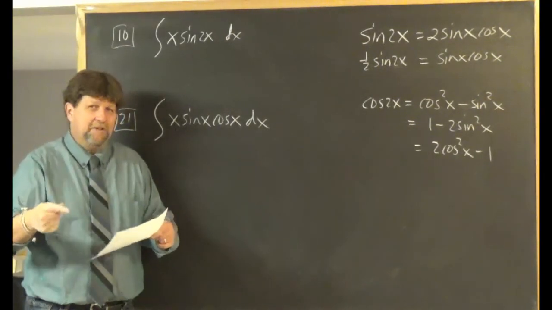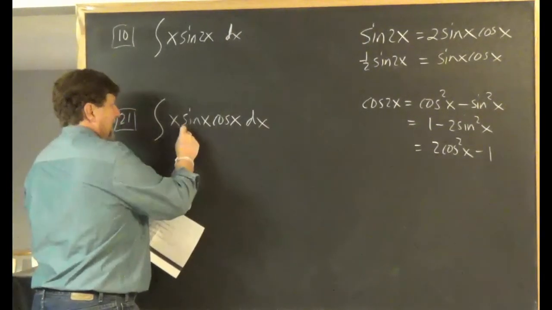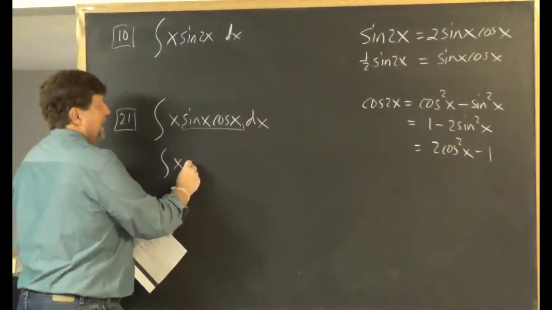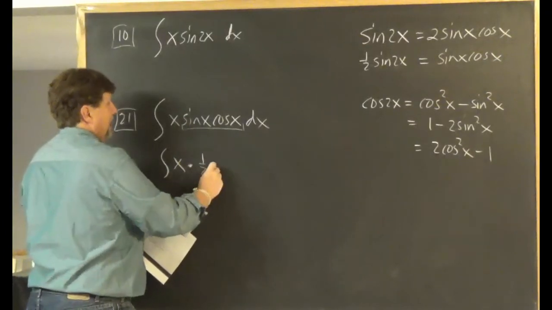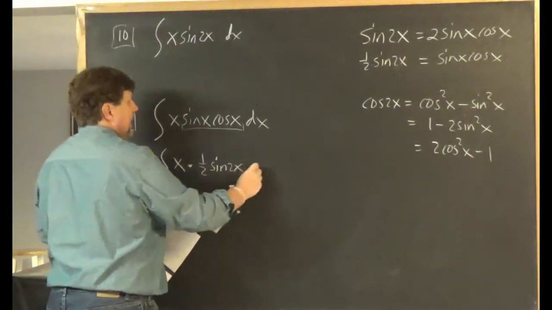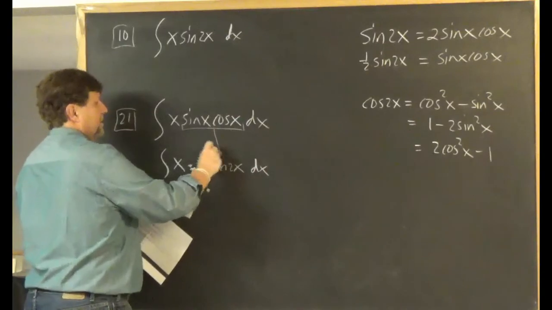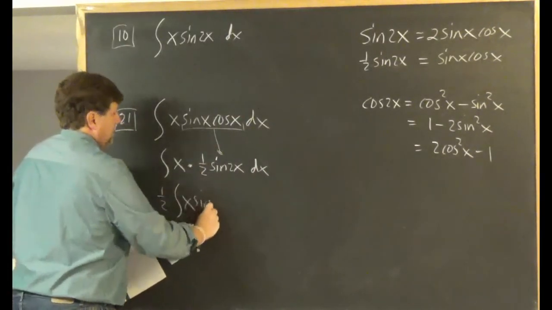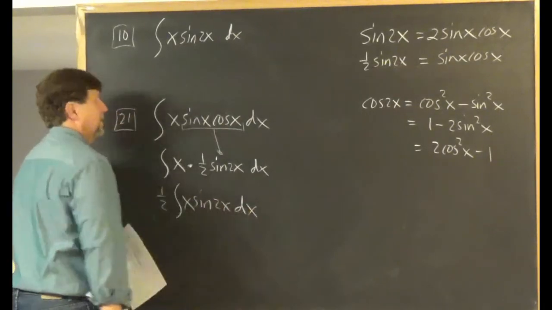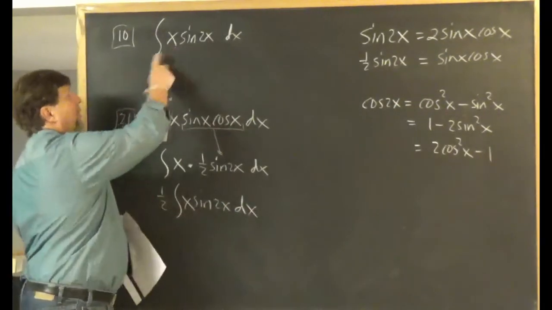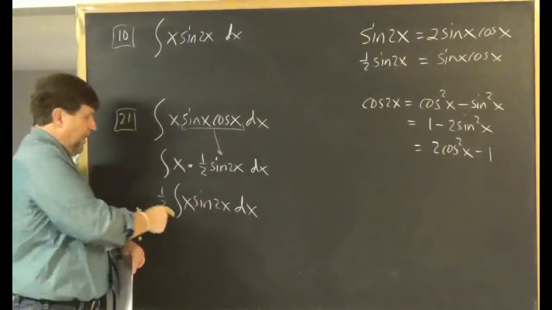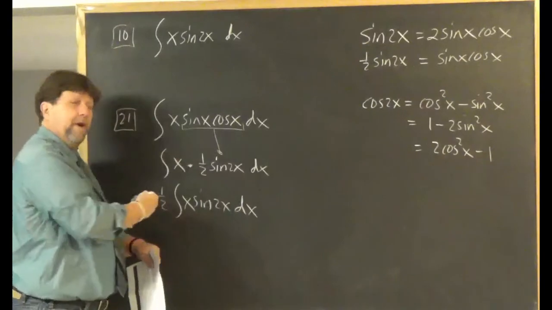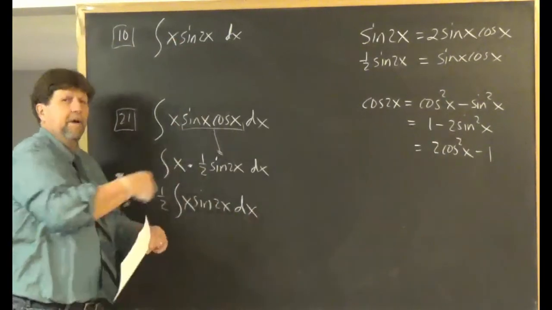Well, based upon what we just did, sine x cosine x is 1/2 sine 2x. You can rip the 1/2 out front. So it looks like if you know what 10 is, you know what 21 is. It's just multiplied by 1/2. Or vice versa. If you know what 21 is, you get 10 by multiplying by 2.